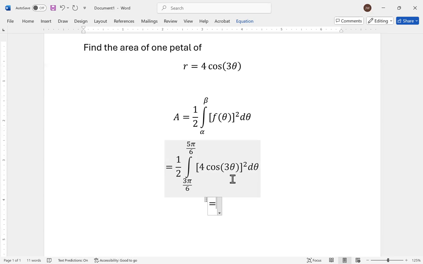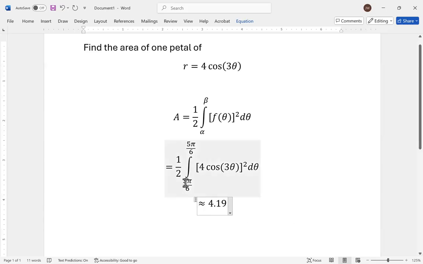But in any case, we type that in, and I got approximately 4.19 for the area of one loop.